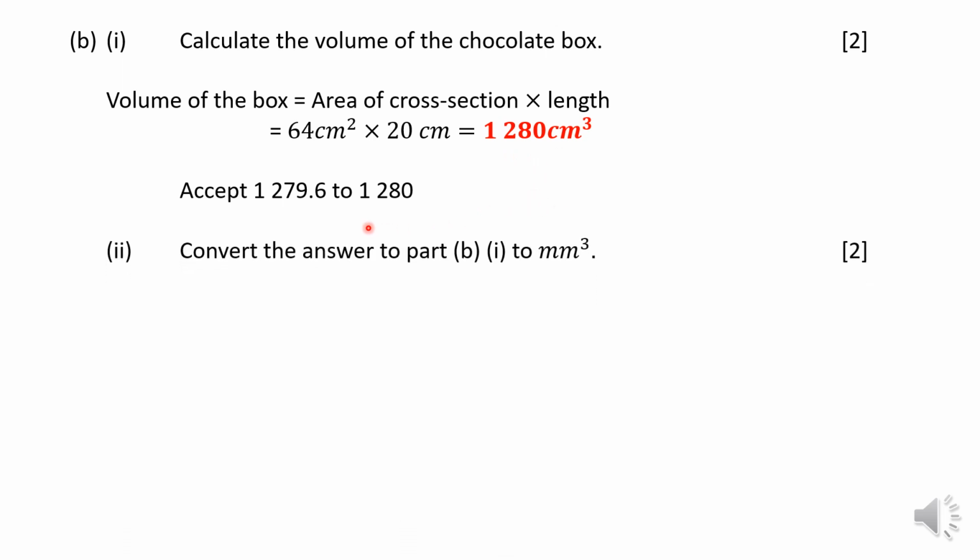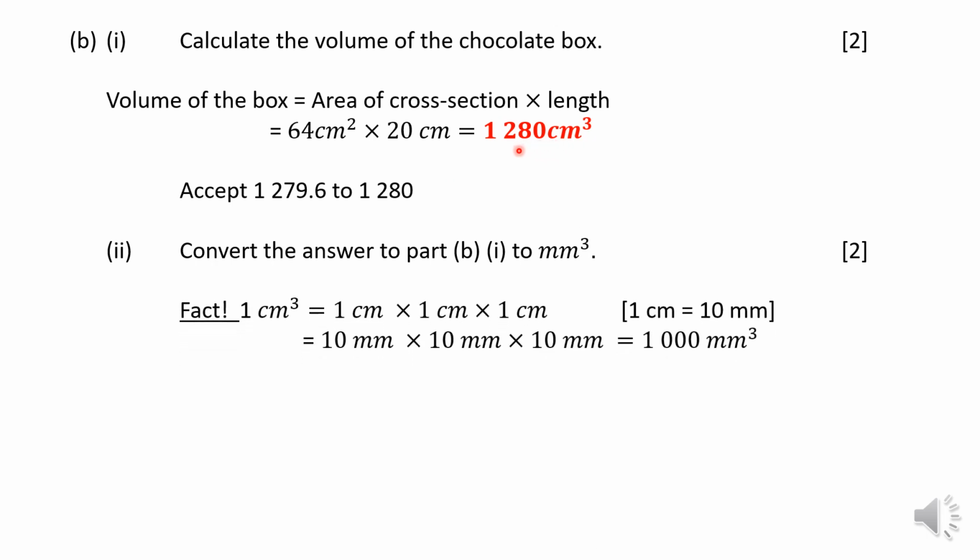Now you're supposed to convert this 1,280 cubic centimeters to cubic millimeters. What I like to do is always bring in a small fact sheet here. It tells me exactly what 1 cubic centimeter is. Always take the bigger unit, right? What does it actually mean? It just means 1 centimeter times 1 centimeter times 1 centimeter.